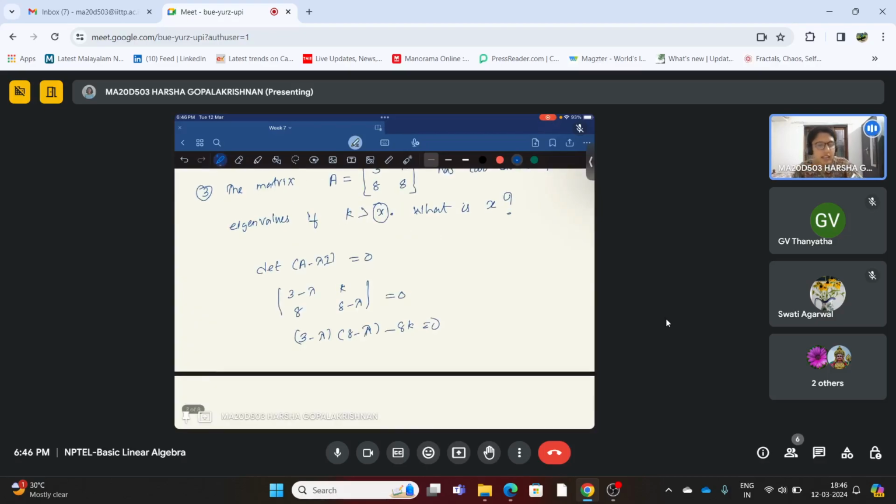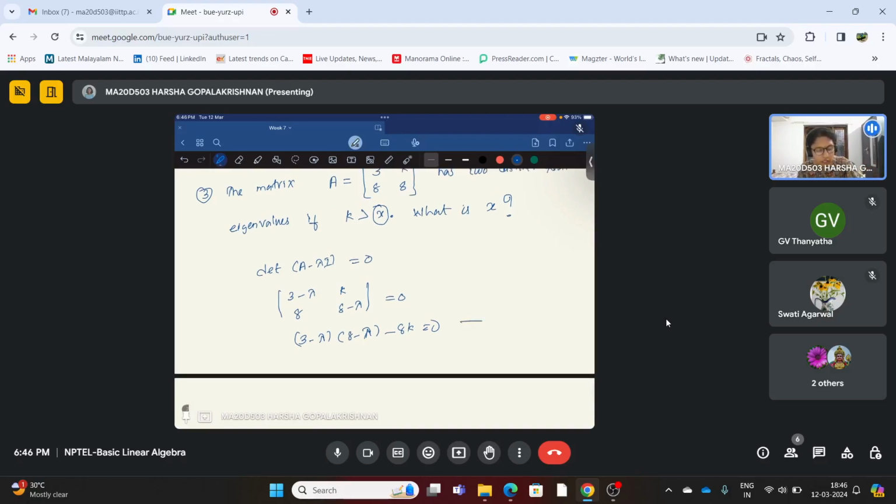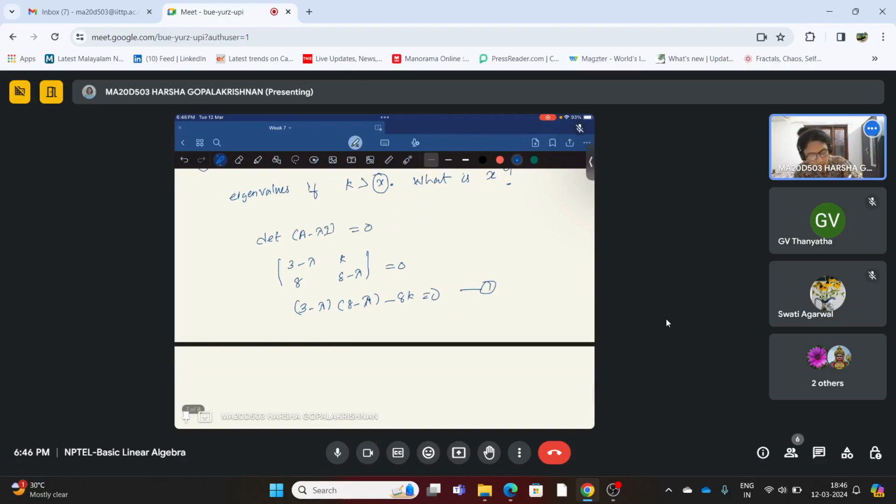Basically finding the eigenvalue is finding the solution of this equation in the variable lambda. So what we will get: 24 minus 11 lambda plus lambda square minus 8k equal to 0, that is, lambda square minus 11 lambda plus 24 minus 8k equal to 0.